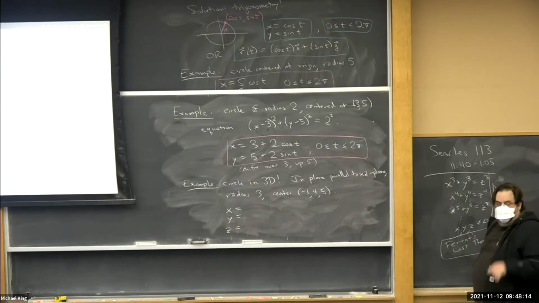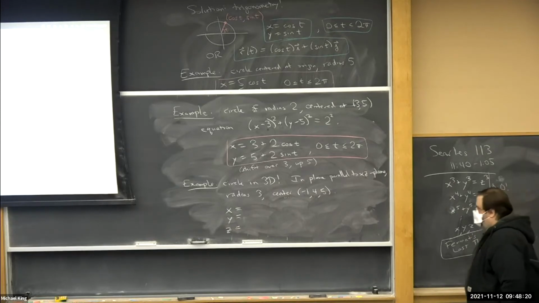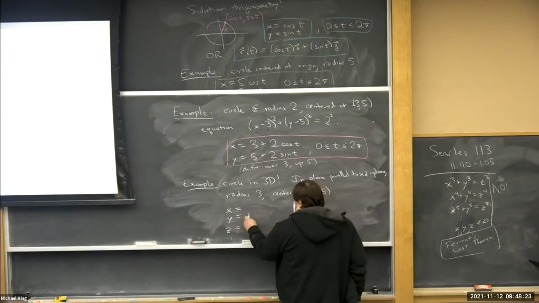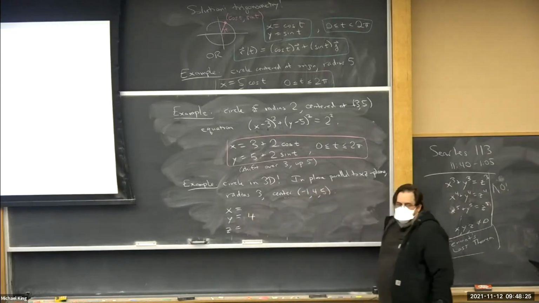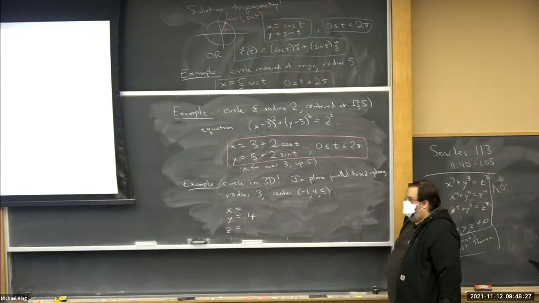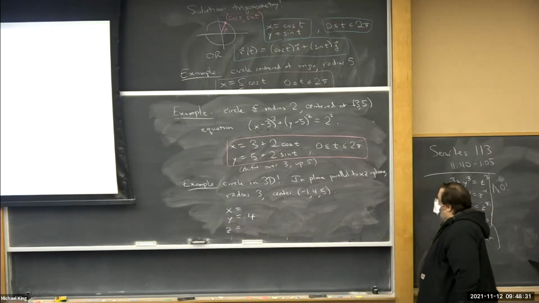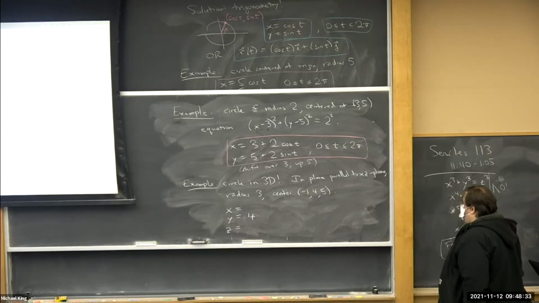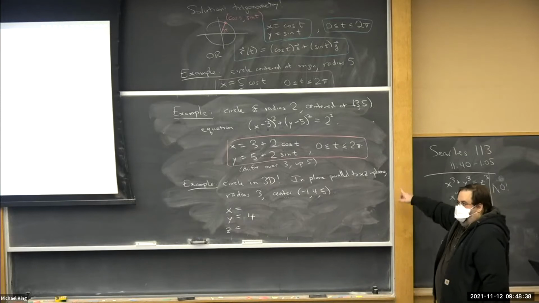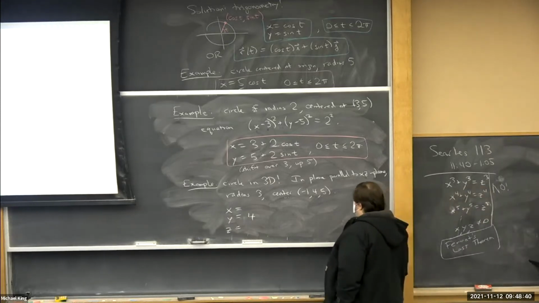The xz plane is y equals 0. And so if we're in a plane parallel to the xz plane, then y is constant. So what's y equal? Yeah, y is going to be just 4 always, because we're in this plane parallel to the xz plane. And now I think we can just do what we did up here for x and z. So what should x be?